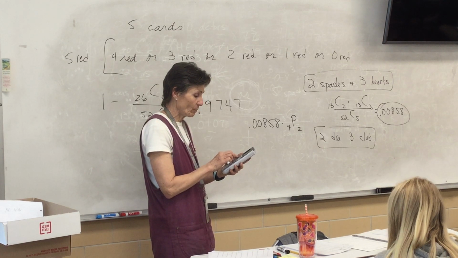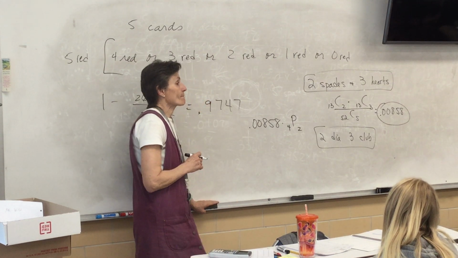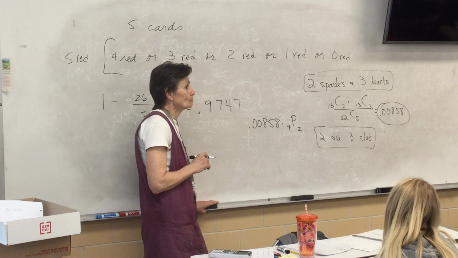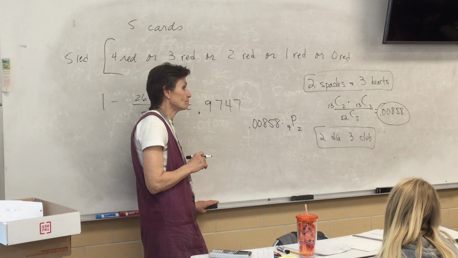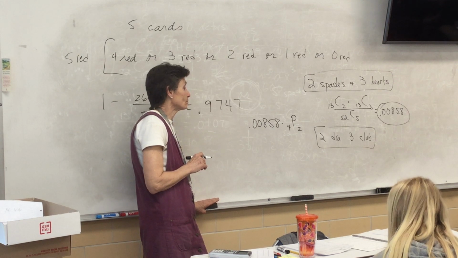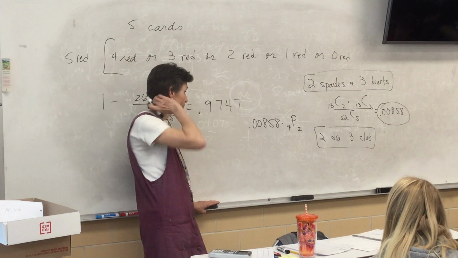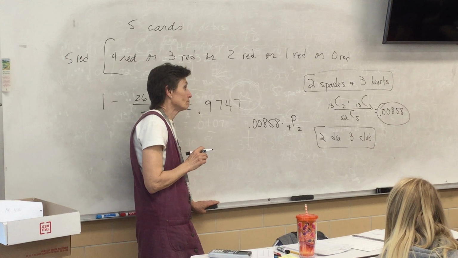Question. So 0.103. Anybody else get that, 0.103? Yeah. So then, if a problem like this happens, wouldn't you just multiply this 0.00858, and then since it's 2 of something and 3 of something, could you multiply 2 times 3, and then because you have 2 different suits, multiply that by 2, which will get you 12?